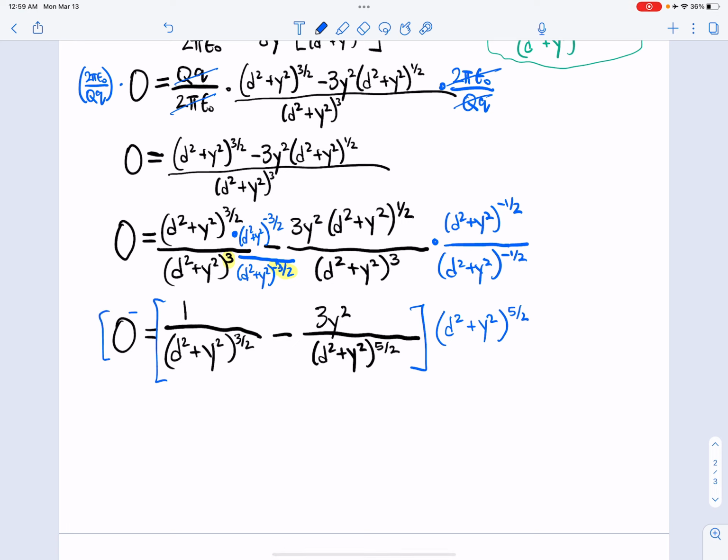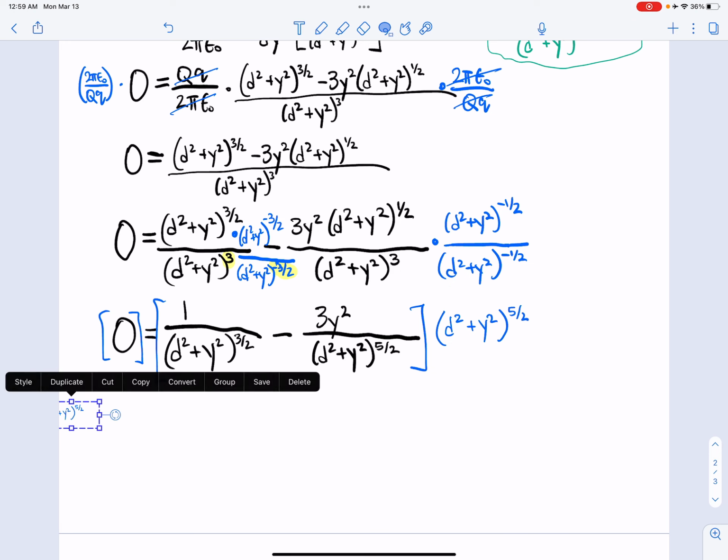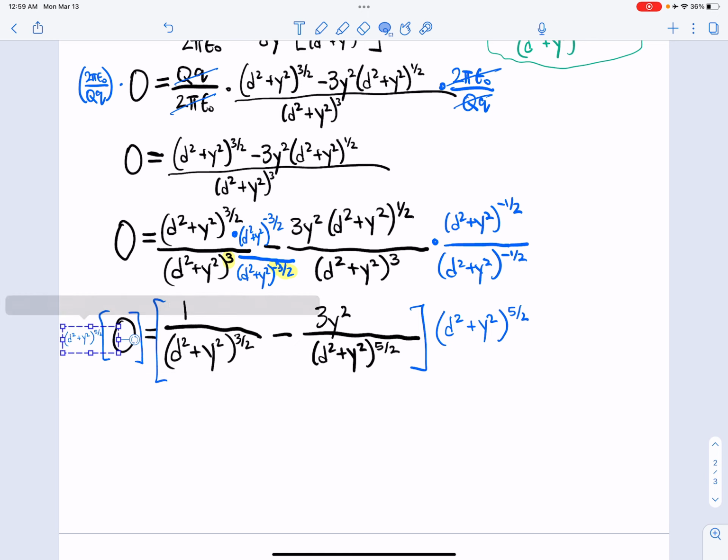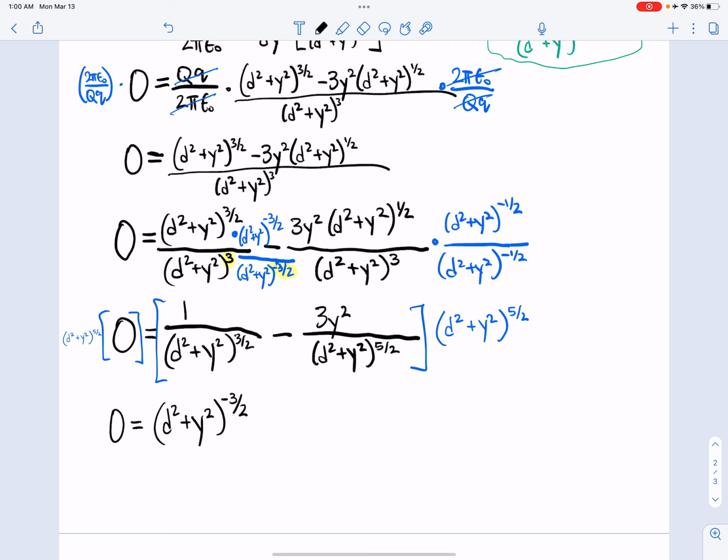So I'm also going to multiply this by the exact same thing. Which is going to be 0 still. So then I would have 0 is equal to, this one would be d squared plus y squared. Right now it's minus 3 over 2, and then I'll multiply it by 5 over 2.